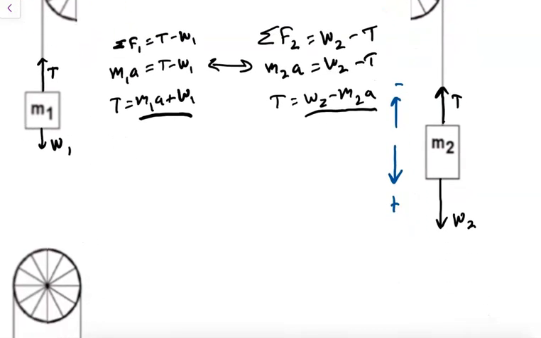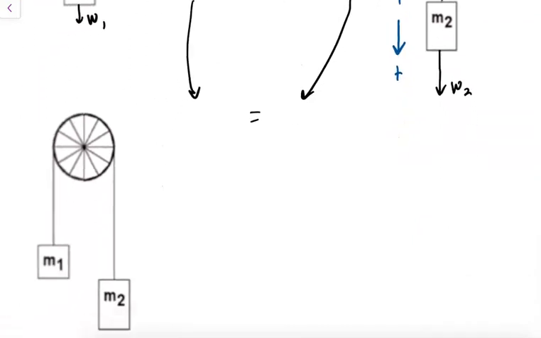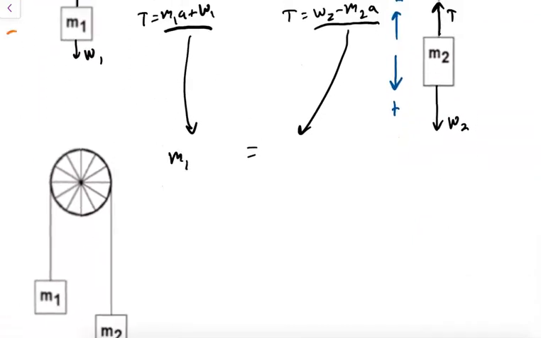So I'm going to set them equal to each other. And now we're looking at the system as a whole. Now I have M1A plus the force of gravity of 1 is equal to the force of gravity of 2 minus M2A.